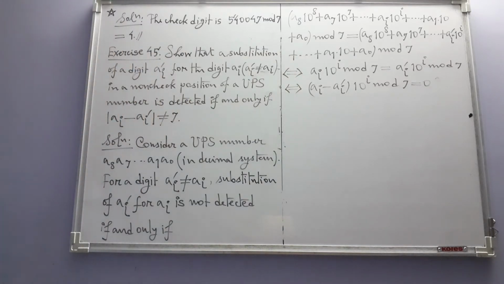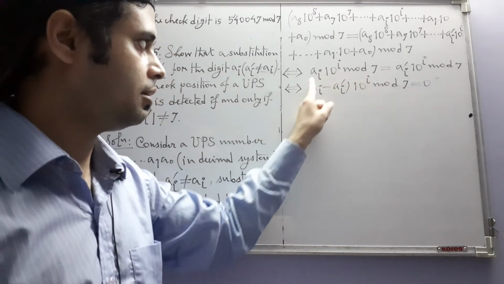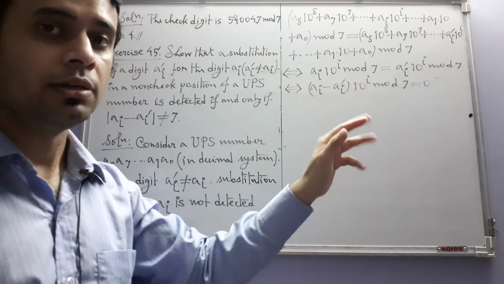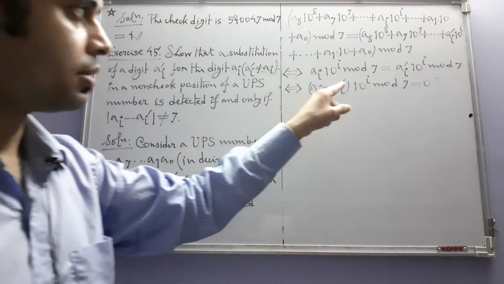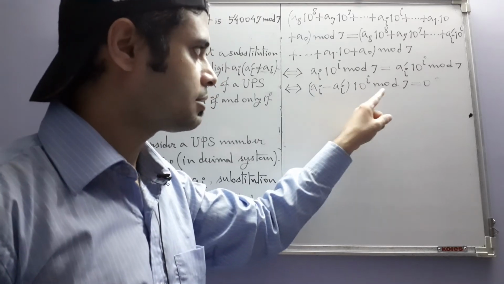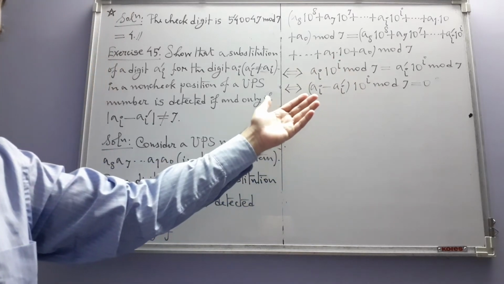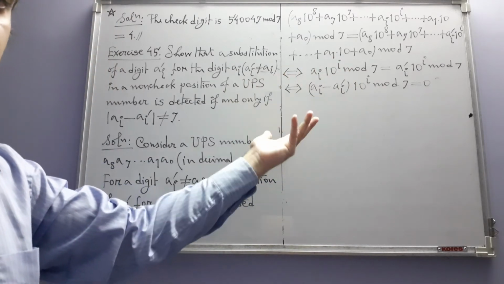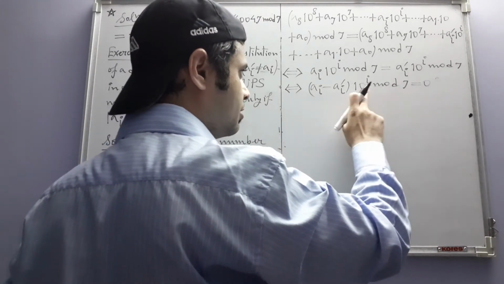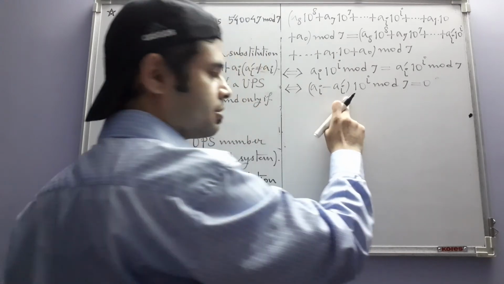We have already seen that this means that this integer, this difference times 10 to the power I, is divisible by 7. Now note that 7 and 10 are relatively prime. As such, 7 and any non-negative integral power of 10 are also relatively prime. So the fact that 7 divides this product implies that 7 has to divide this.